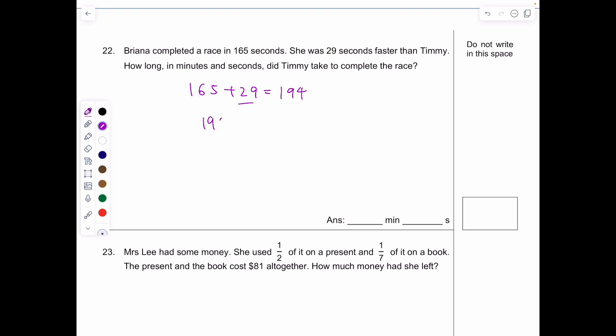So 194 seconds, you have to convert this into minutes. And that is actually 3 minutes and 14 seconds. Now, ask yourself, you should be dividing this by 60 seconds because every 1 minute is equals to 60 seconds. So 194, when you divide it by 60, you will get 3 minutes and 14 seconds.